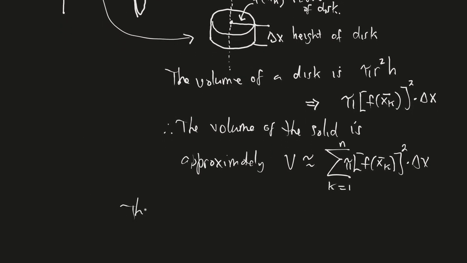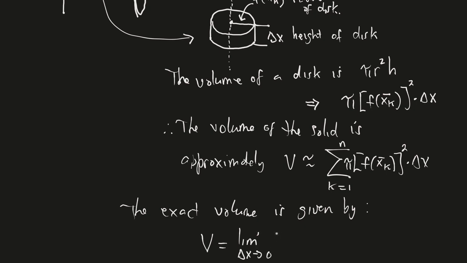So the exact volume is given by the limit as delta x approaches 0 of our Riemann sum, which is equivalent to saying that n gets very, very large. So either we let n go to infinity, or delta x get very, very small.